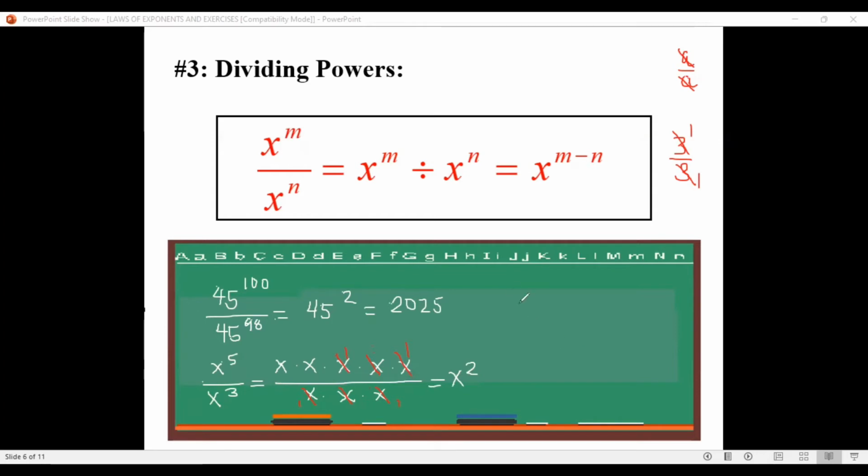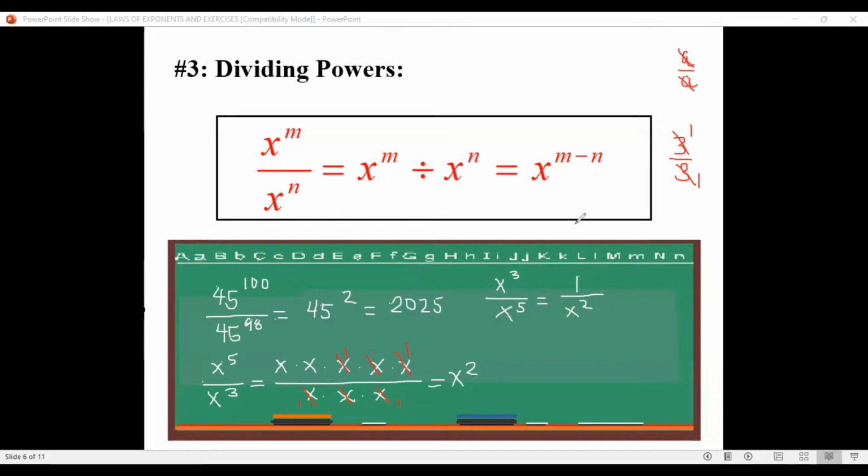In cases where you have x raised to the third power all over x raised to the fifth power, let's take note that the denominator has a higher exponent. That simply means that we will have 1 all over x raised to the second power.